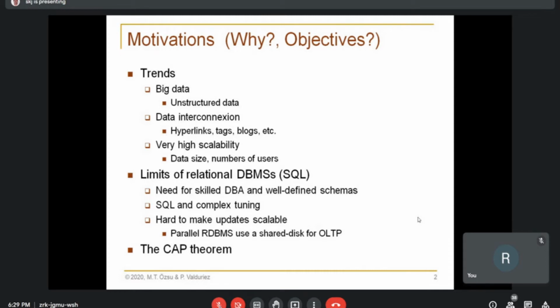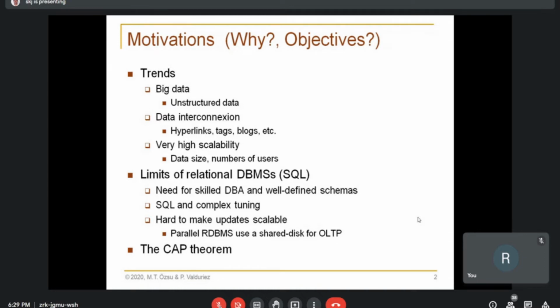We have several such issues that motivated this new development, and they are the answer for it. And one new theorem came. I told in the previous class there is a theorem, that theorem is CAP: consistency, availability, and partition tolerance. Earlier it was expected that the database management system should have all these three properties.